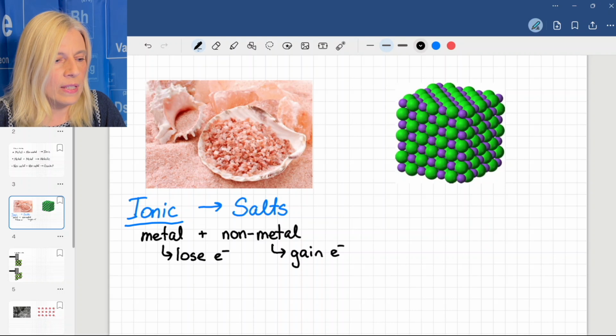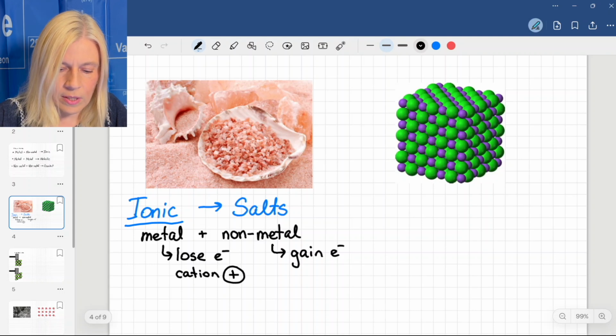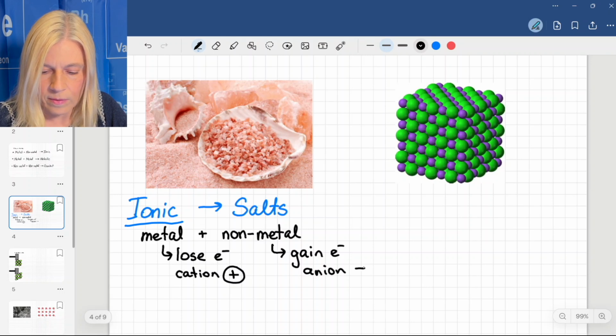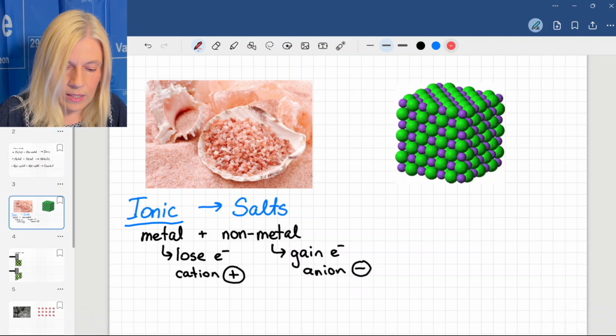This one wants to lose electrons, and then becomes a cation, so a positive charge. Someone who wants to gain electrons becomes an anion. So here, there is this complete transfer of electrons.